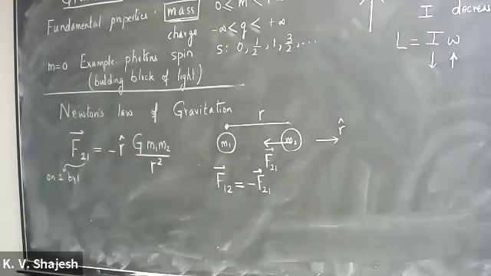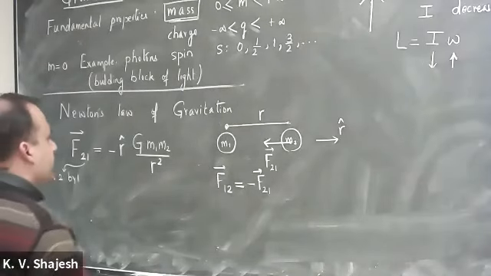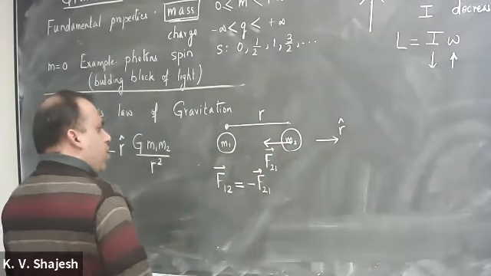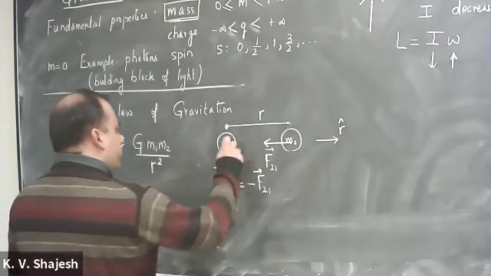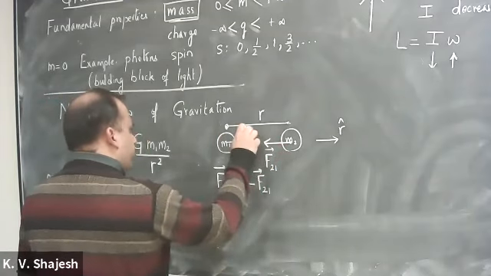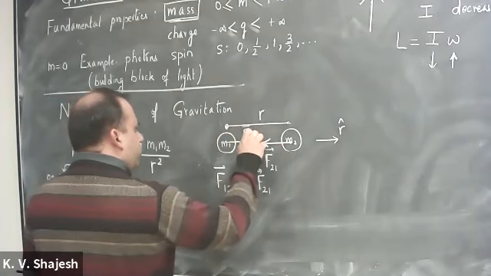And all that is completely compatible with Newton's laws of motion, which tells us that if one exerts a force F21 on M2, then there has to be an equal and opposite reaction force, and that's your reaction force. So all that works out well.